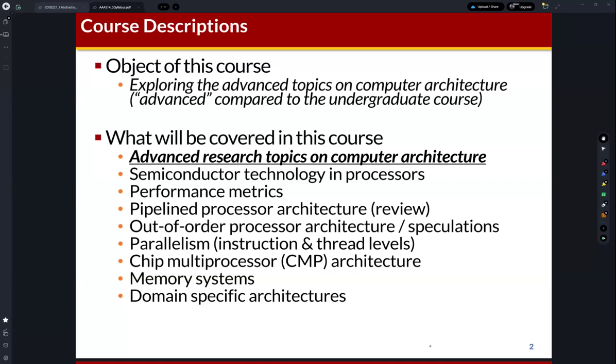This is the computer architecture course, so I will also cover some basics, I mean old-fashioned topics. As you know, recently no processors include a simple five-stage pipeline. Most processors employ out-of-order processor architecture.